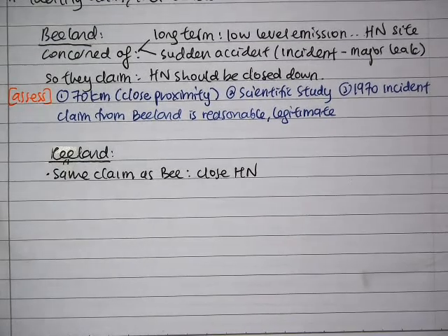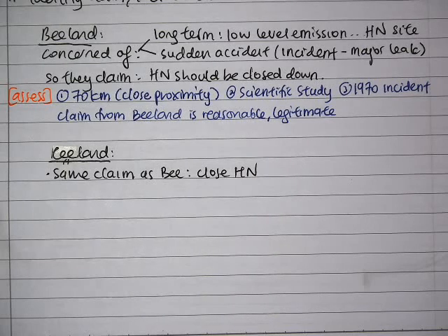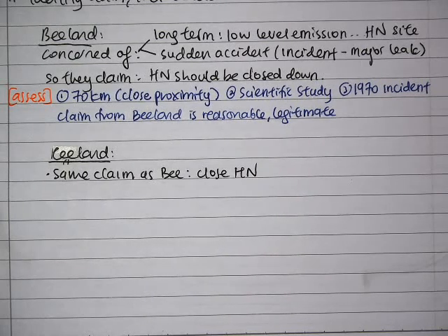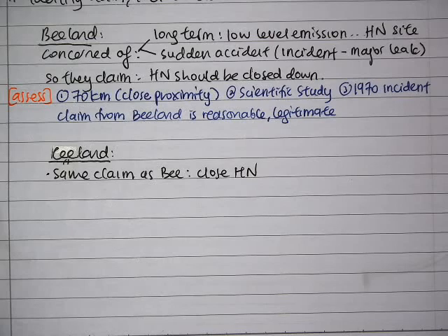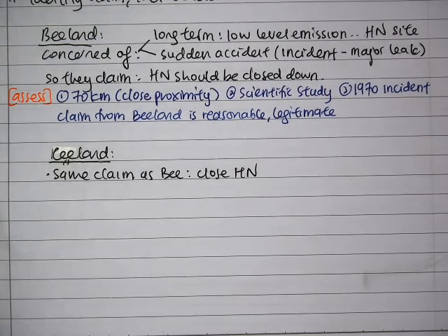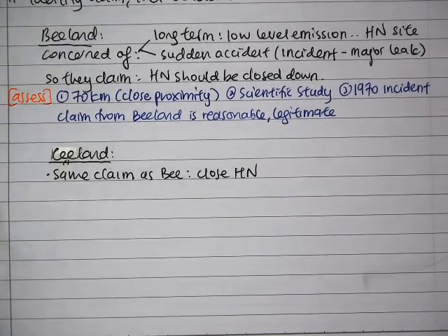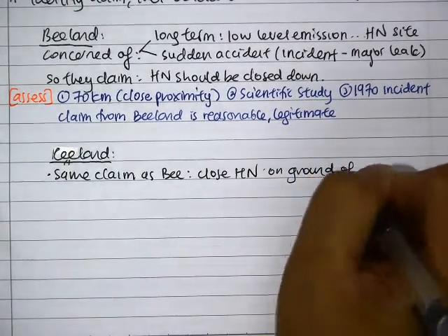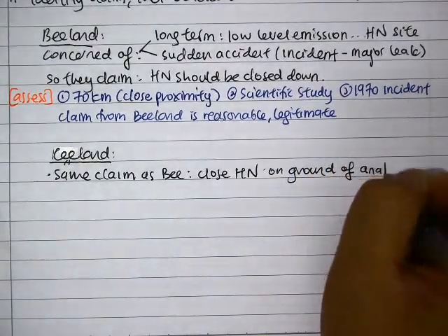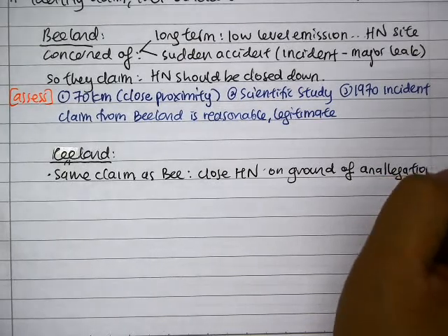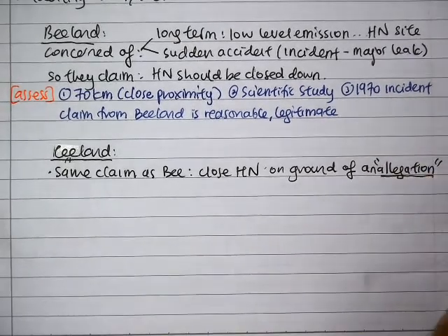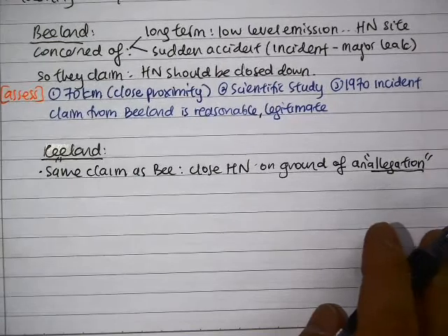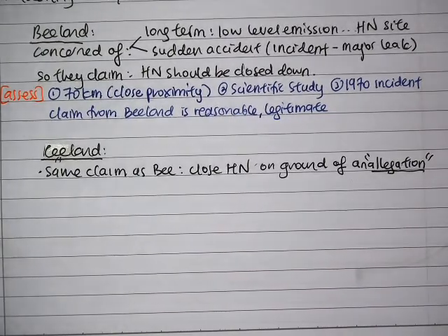Now, then we're going to see C land. Okay, C land. Now, if you look at C land, they actually have the same claim as B, that they want to close HN.